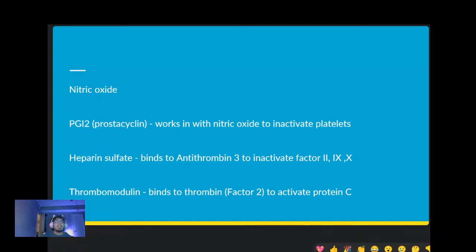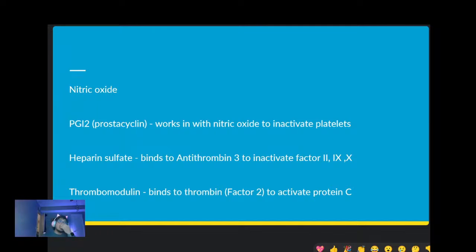Now, nitric oxide is basically something that will hang around prostacyclin or PGI2. It works with nitric oxide to inactivate the platelets. So in a normal person, when there is no injury, nitric oxide binds to prostacyclin to prevent blood from clotting. Okay? It prevents blood from clotting.